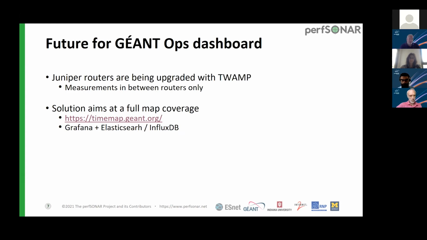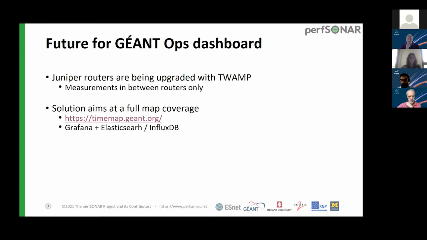So, the future of the GÉANT operations dashboard. Actually, GÉANT operations are quite impressed by the implementation from the Lola team, and are looking into moving the TWAMP tests directly in between the Juniper routers. There is currently an initiative, a task that's running, and I believe these routers that are unavailable now are part of that upgrade process.